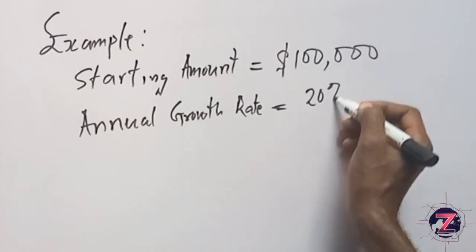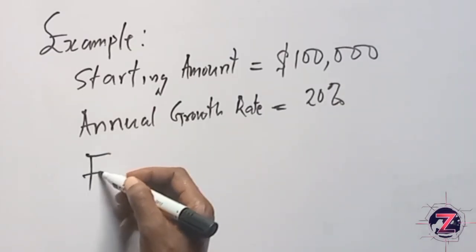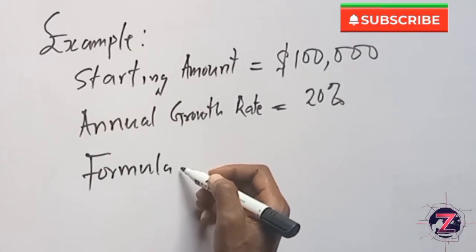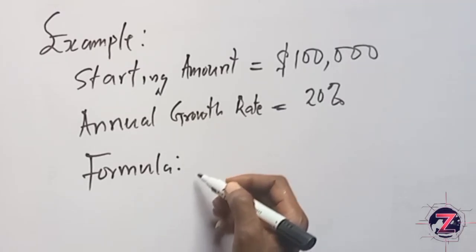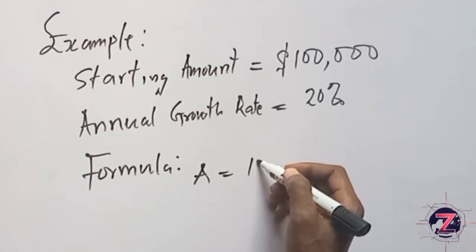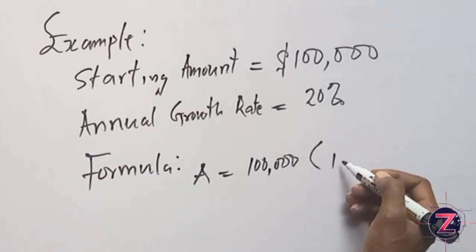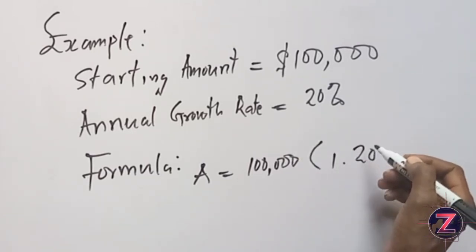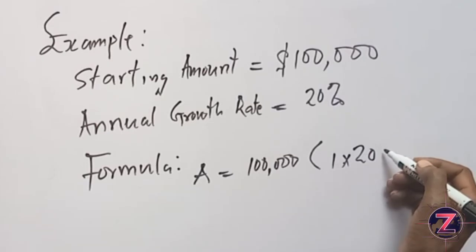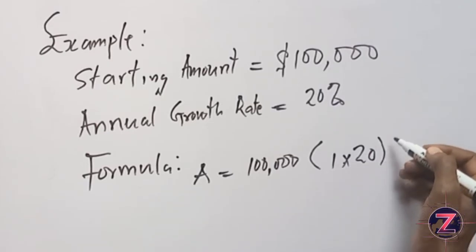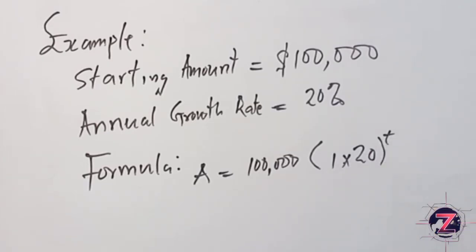Substituting into this formula, F equals A(1 + R)^T, will give us that A is equal to 100,000(1 + 20%)^T, with T being 1 month or 1 year, as the case may be.